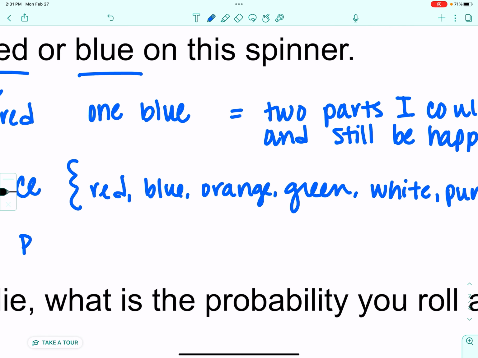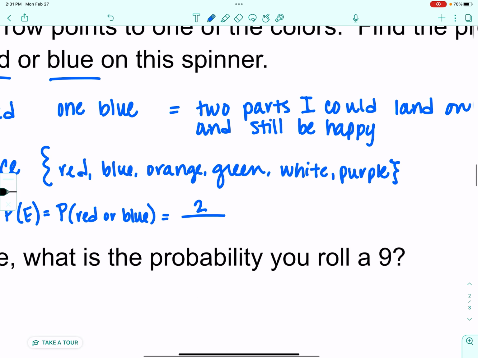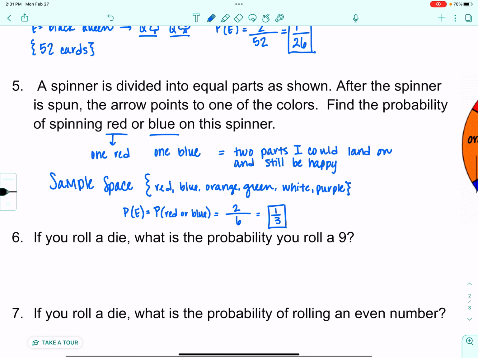My probability of landing on red or blue is 2, because that's 2 sections out of 6 possible sections. If we reduce it to lowest terms, our final probability of landing on red or blue is 1 out of 3.